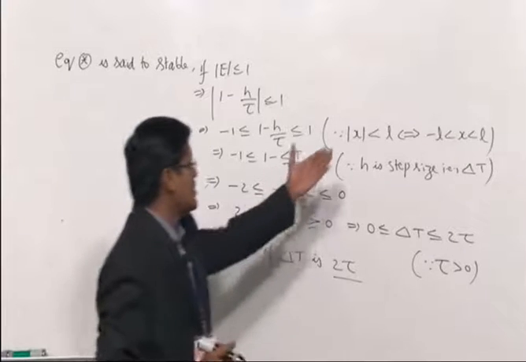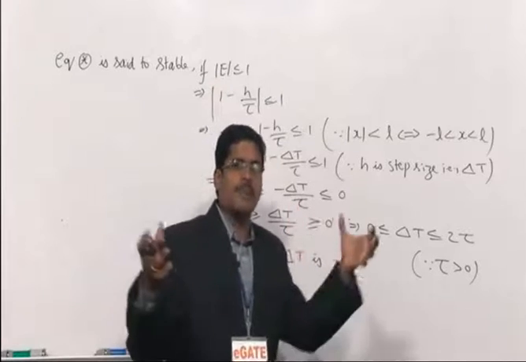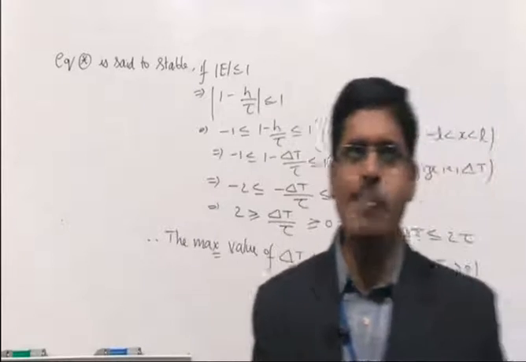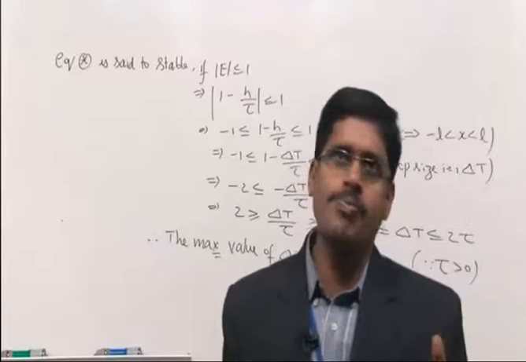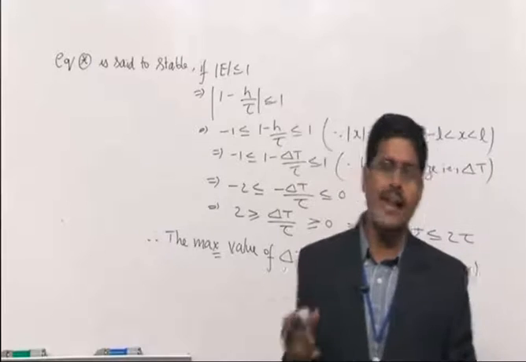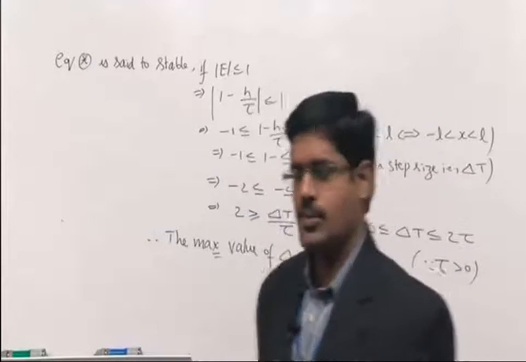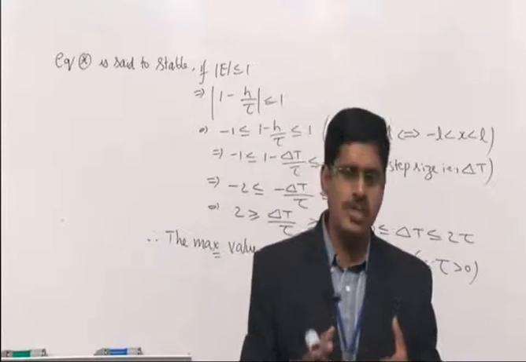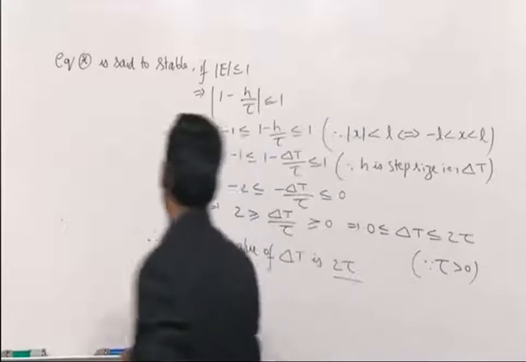Just like calculus modulus inequalities, in stability analysis mod E less than or equal to 1, where E is obtained after converting your Euler's method star equation into the form yi plus 1 is equal to e into yi plus h into k, where k is a constant or contains an xi term.